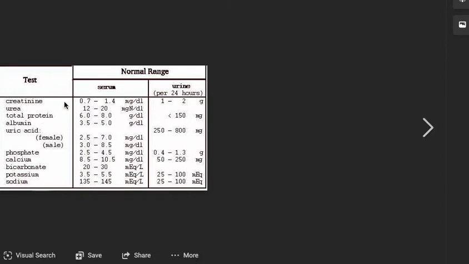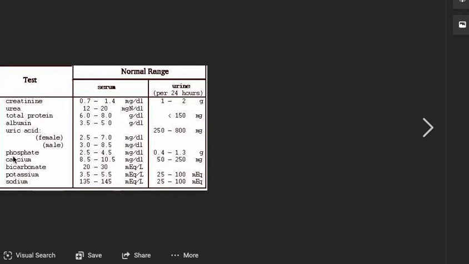See, they measure creatinine, they measure urea, okay, they measure total protein. Why? Because when the kidneys have failed, they become leaky, they cannot hold protein in the body, so the protein will start leaking, and there will be hypoalbuminemia in the body, or hyperalbuminuria, like there will be proteinuria, like the proteins will be present more and more in the urine.